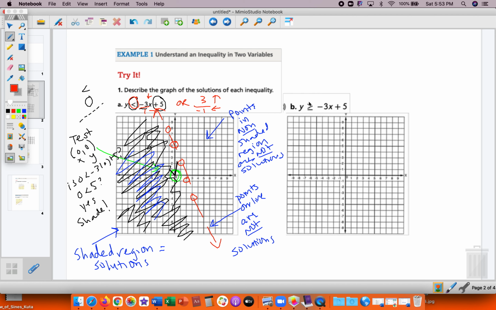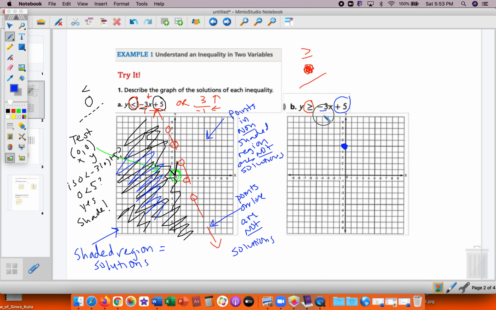Okay, let's look at B. First, I'm going to look at the inequality symbol. So greater than or equal to means we're going to have closed circles on the bound, and we're going to have a full line, meaning ordered pairs on that line are included as part of a solution. So we're going to do a dot on the y-axis at 5, that's the y-intercept.